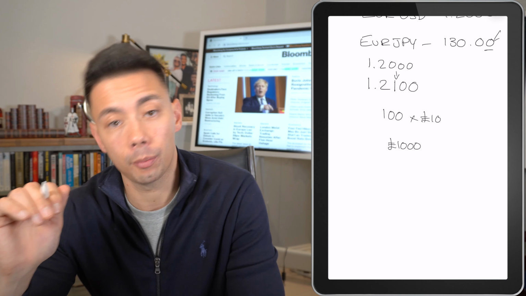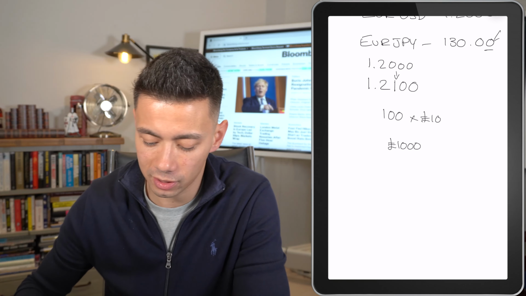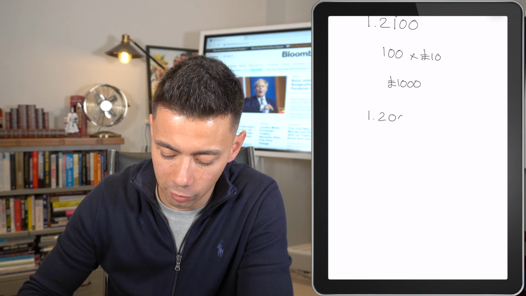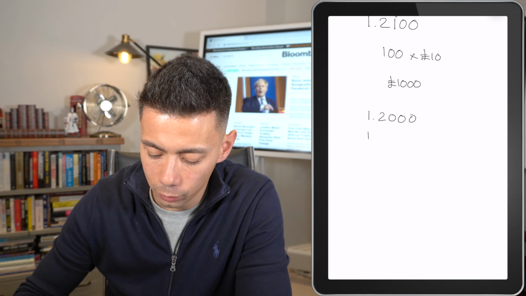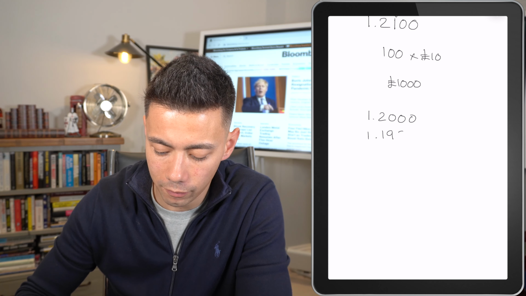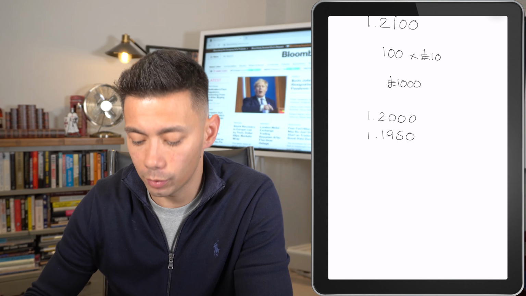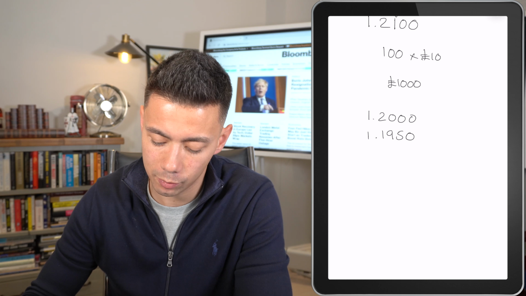If we thought the price was going to move down, let's say the price goes from 1.2000 down to 1.1950. Then we've got a movement of 50 pips.